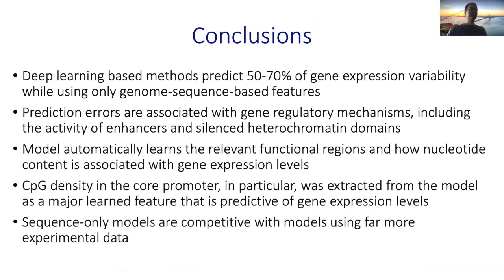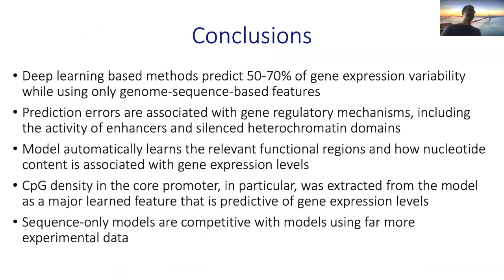Finally, just in conclusion, I've hopefully demonstrated to you that these deep learning based methods are capable of predicting about 50 to 70% of the variability in gene expression levels while only using genome sequence encoded features. The prediction errors can actually give insight into different gene regulatory mechanisms active in a cell type, including the activity of enhancers and silenced heterochromatin domains.